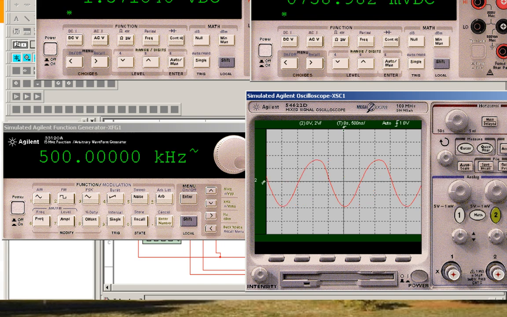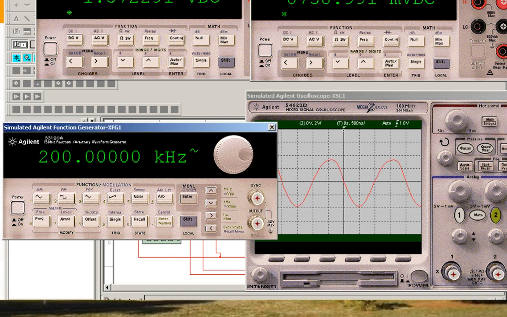Now, this would be a good circuit to build, because by slowly increasing the frequency up to 500 kilohertz, it's starting to show distortion. Let's bring it down to 100.